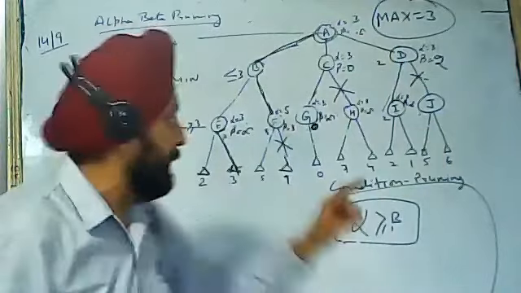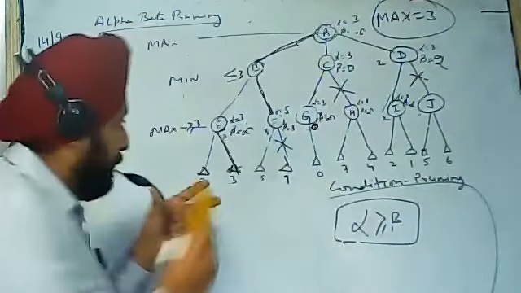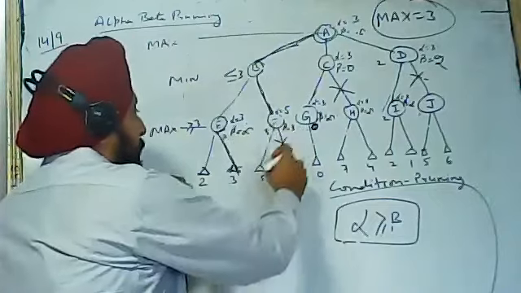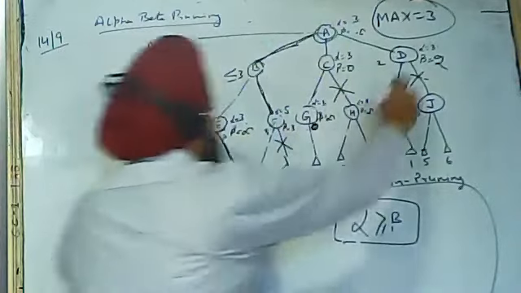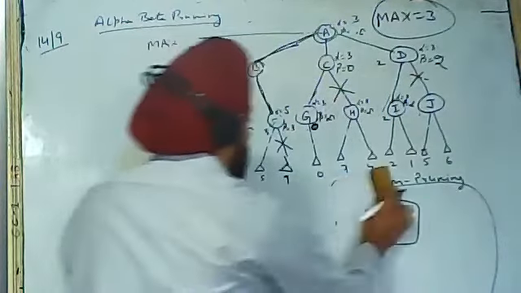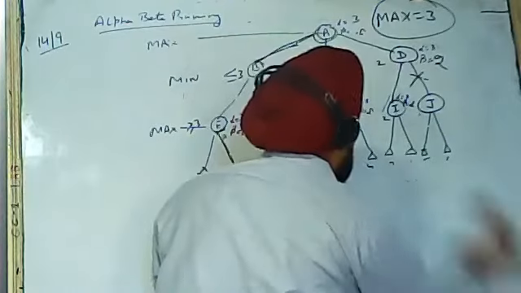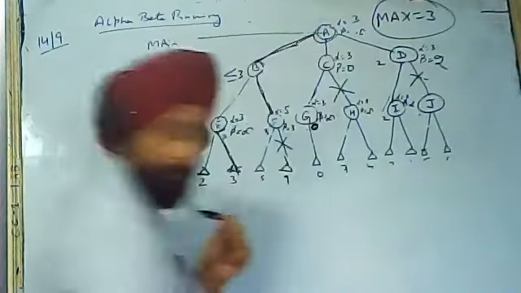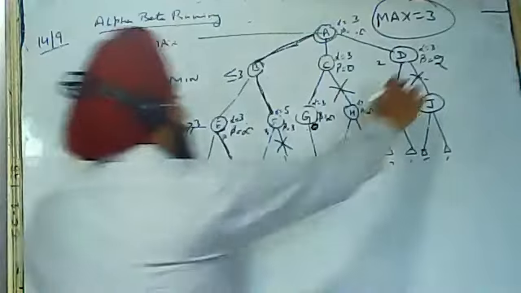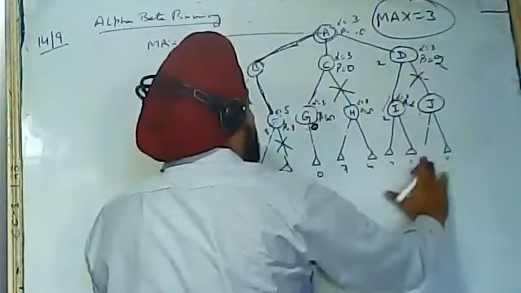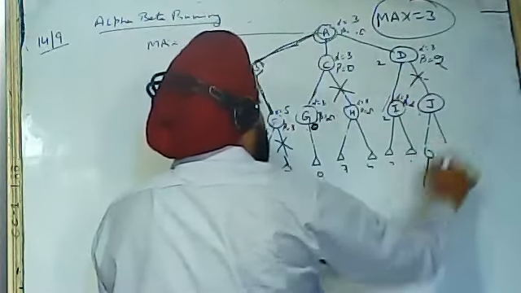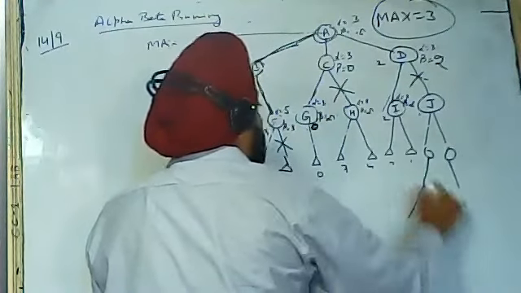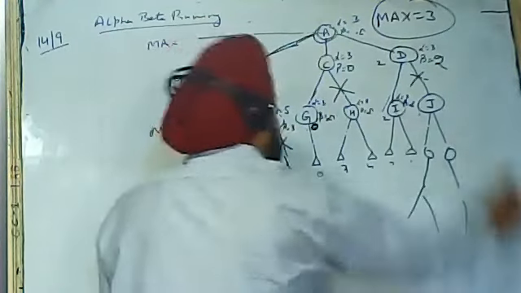But the advantage is that we have pruned this branch and this branch. It means that under this, if these are not the terminal nodes, whatever tree it might have under this, we have saved our time.